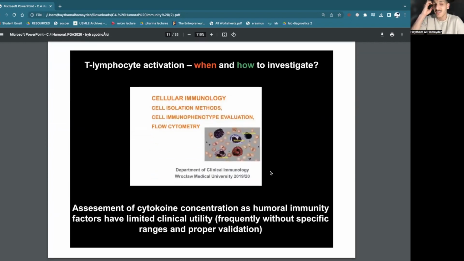How do we detect it? Just like we detected the activation of B cells using CFSE, BrdU, flow cytometry and ELISA, we can use the methods that we have learned to detect the activation of T lymphocytes as well.